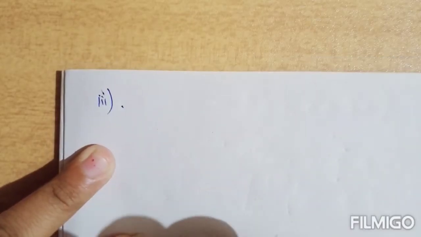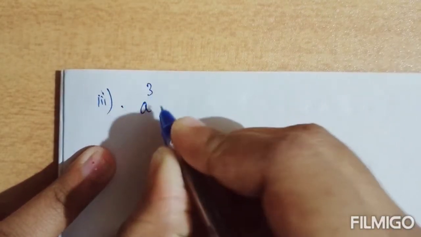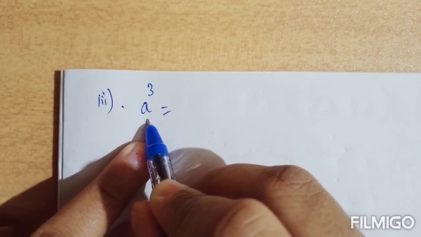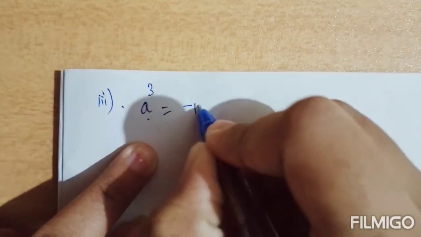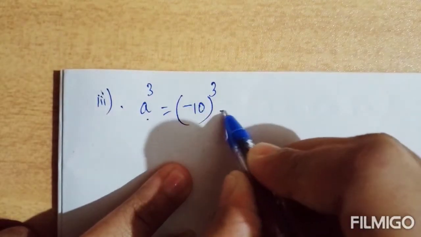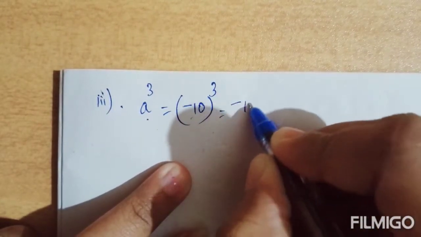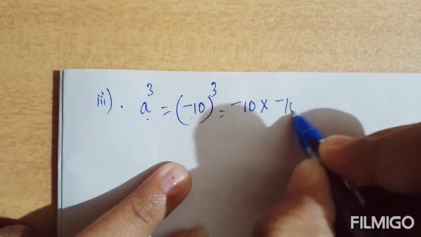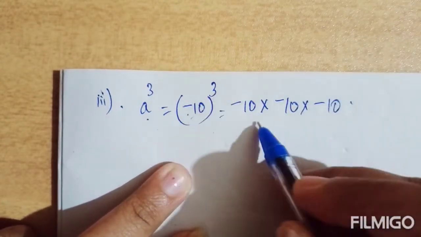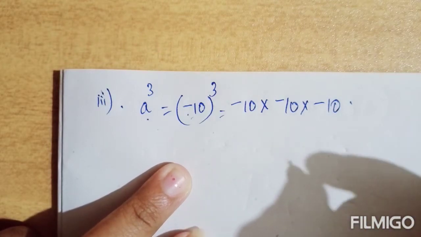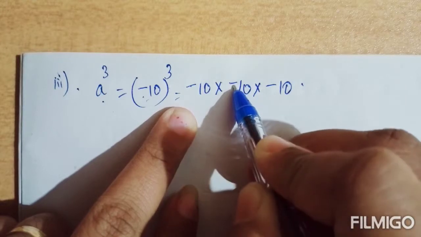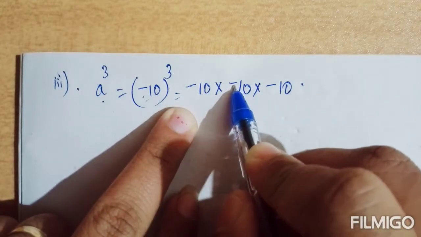In the third one, a cube. The value of a is given as minus 10. So you have to find minus 10 whole cube. Minus 10 whole cube means minus 10 into minus 10 into minus 10. You have to multiply minus 10 three times. Negative into negative is positive.